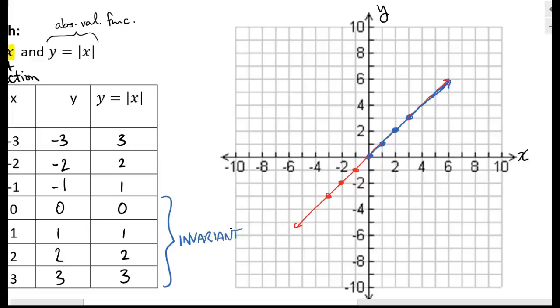What that means is that it's not changing between the parent function and the absolute value function. But everything below 0 actually does change in terms of my y value. So 0 is special. It's what we call the critical point.